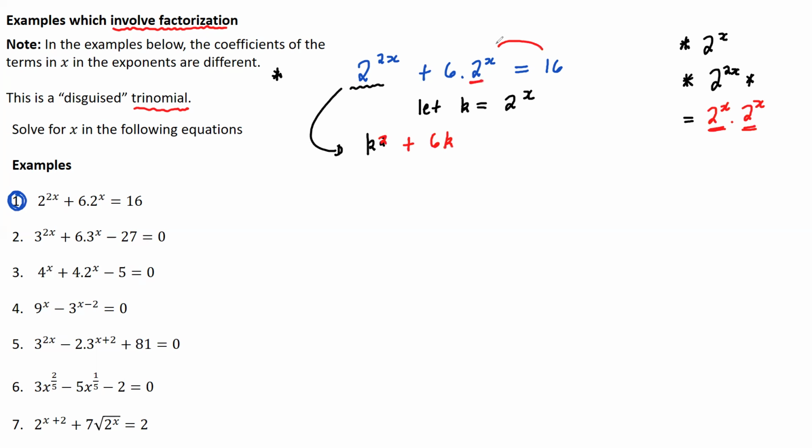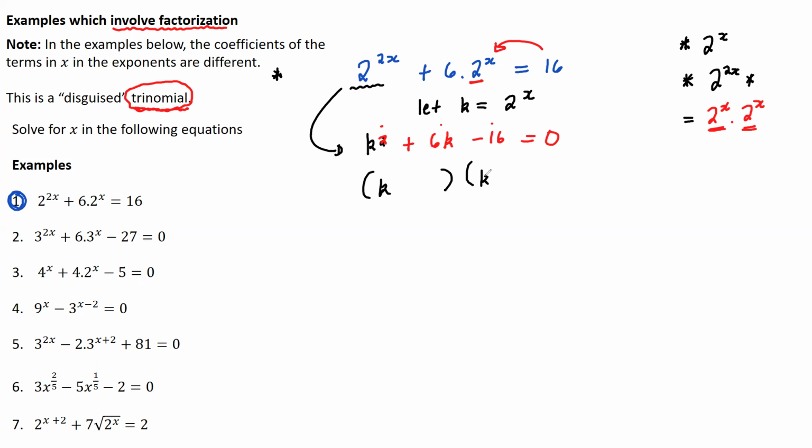I can take 16 to the other side, minus 16, and now it is a trinomial, 3 expressions. It's a quadratic equation. Then I think I can factorize nicely.